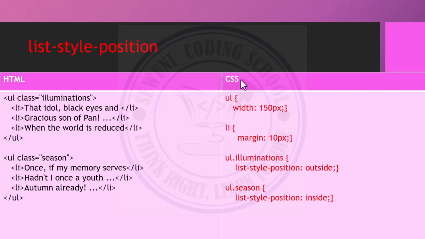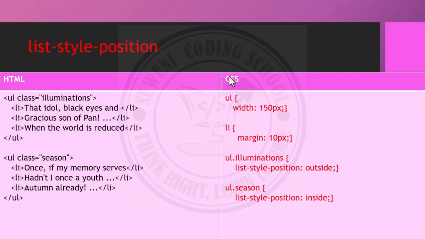Now this is the positioning property. So you see, an ordered list with a class of illumination which has 3 list items, and another one with the class of season which also has 3 list items.